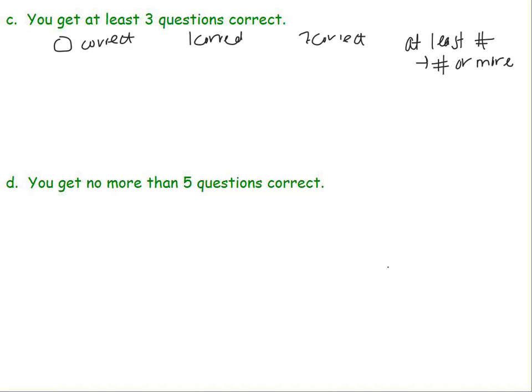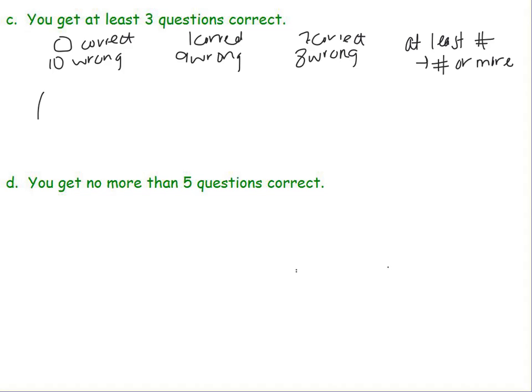So if you have 0 correct, that means that you have 10 wrong. If you have 1 correct, that means you have 9 wrong. And if you have 2 correct, that means that you have 8 wrong. And so for each one of these, the setup is just like part A and B. All we're doing is changing the exponents.